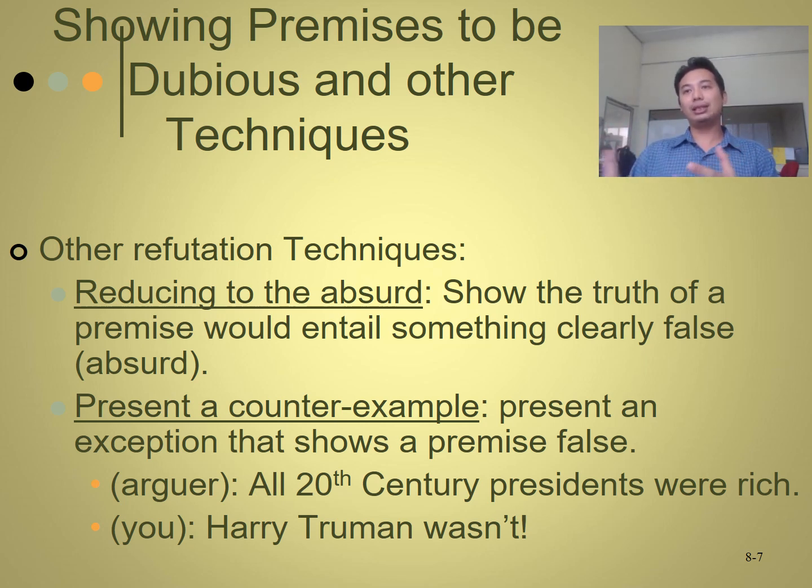So if someone believes that all killing is wrong, and you want to reduce this argument to the absurd, you show that the truth of the premise would entail something which is clearly false. For example, you might mention, what about killing of livestock for us to eat, chicken, cows, for example? If you kill these animals, are you still going to say that these killings are wrong? I don't think so, right?